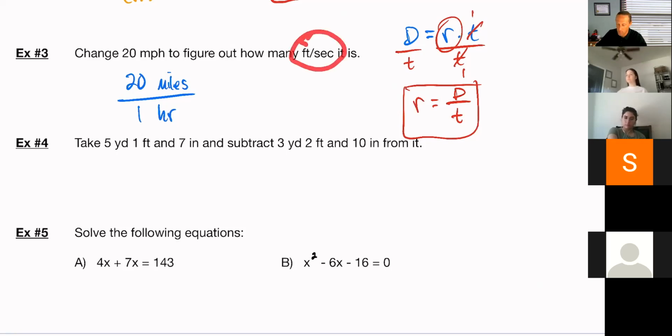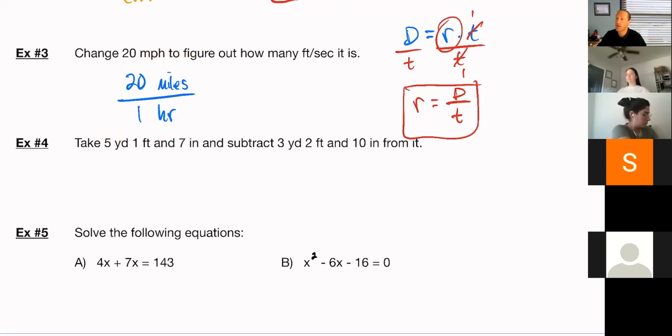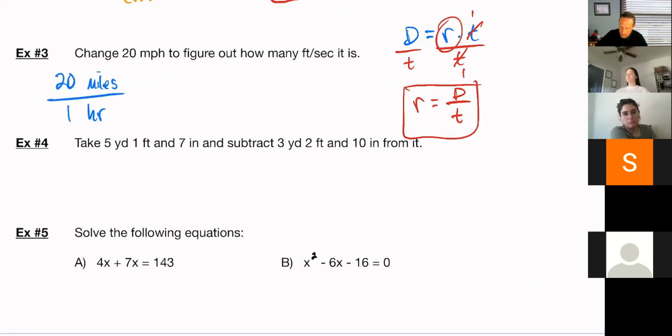Well, then let's convert it. And let's see what 20 miles an hour, which we know we drive starting next week when everybody's back to school, right? About that speed, what would it be in feet per second? Well, what's the only thing I can do to this that will change the look of it, but not the value itself? Divide by 60. I like that, but I was looking for a more generic answer.